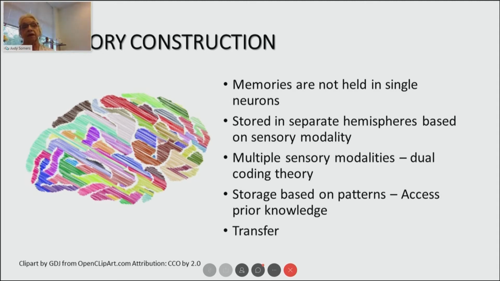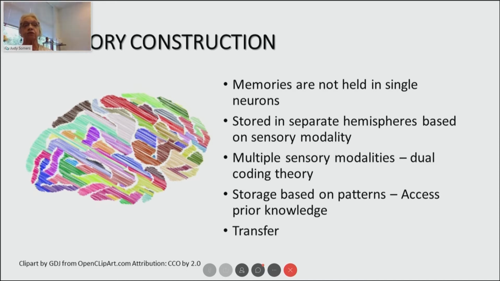So something that comes in with multiple sensory modalities is going to be stored in a variety of places, but it also is going to be more likely to be retrieved because of that variety of different ways. And that's kind of the basis of that dual coding theory.